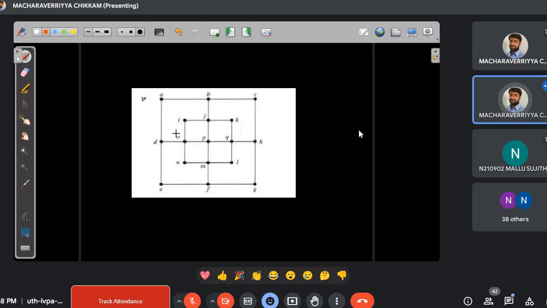Okay. So I hope now I can talk about these vertices. This is a vertex of degree 4 and this is a vertex of degree 4. You think of any Hamilton path which starts at P. Okay.